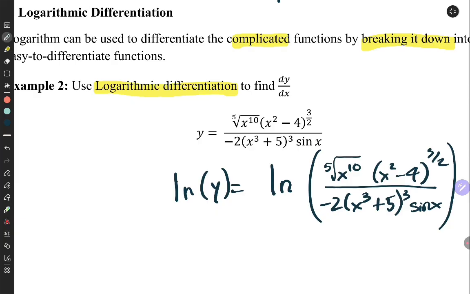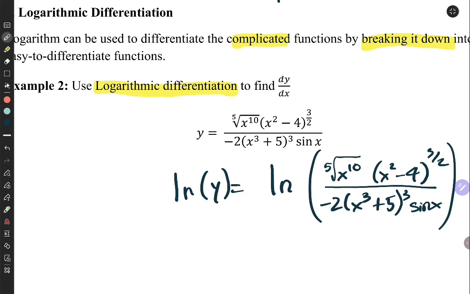I want you to try to expand this one as much as possible. This whole thing is a subtraction, and right here is a product. You can split into addition, addition, addition, and so on.